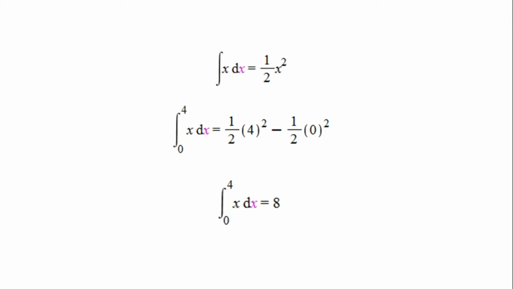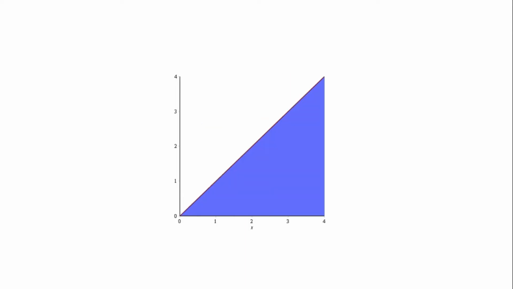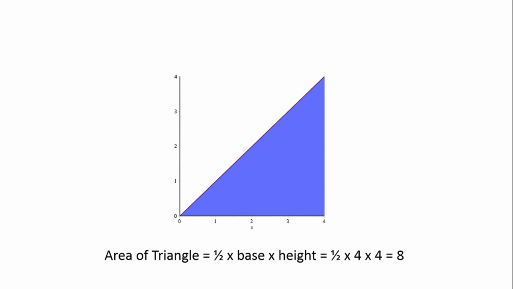It is the area of the function over the x-axis from x equal to 0 to x equal to 4. So the area of function x from x equal to 0 to x equal to 4 is 8. It also corresponds to the formula of the area of a triangle, half multiplied by base multiplied by height. It is 8.